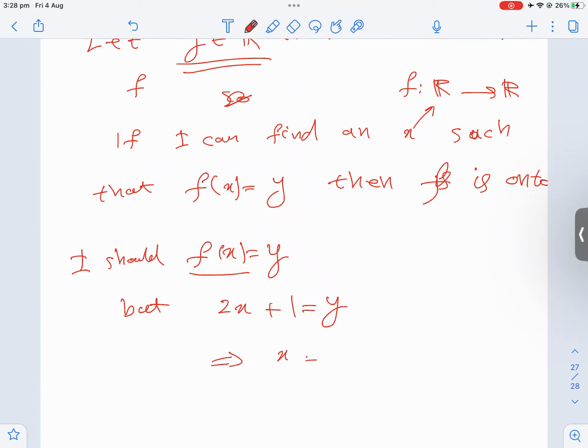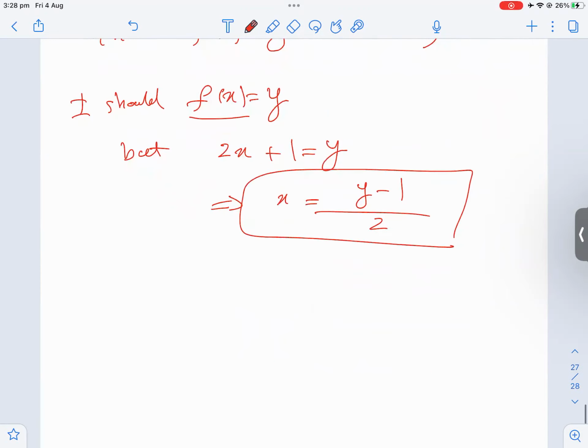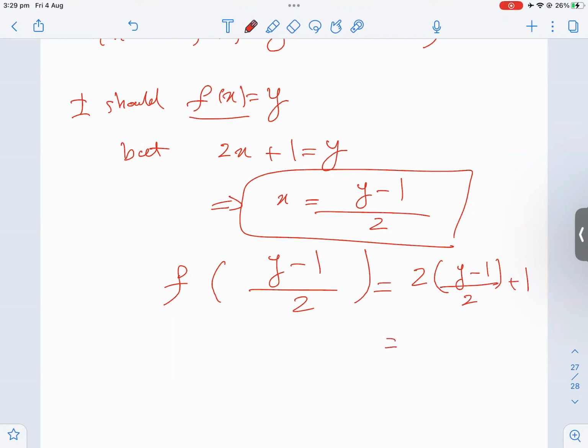So from here, x is (y minus 1) divided by 2. So if I have f of (y minus 1) over 2, then I will have y, because 2 times (y minus 1) divided by 2, plus 1, if I simplify it, I will get y. So I found the corresponding x for y. So f is surjective. Okay, so let's pause this one.